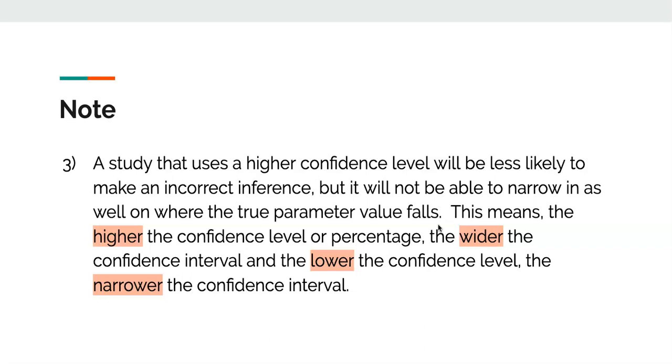I wouldn't say that was too wide, but usually if you go up on a confidence level, your interval will get wider. And that's not necessarily a good thing, because a wider confidence interval means your margin of error is increasing, and nobody wants the margin of error to get big, right?